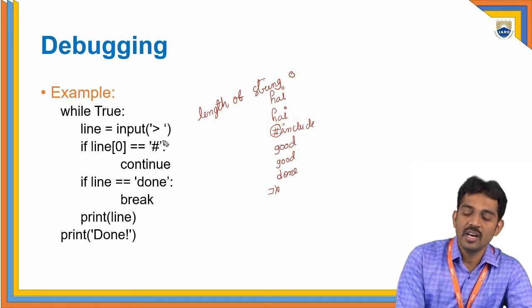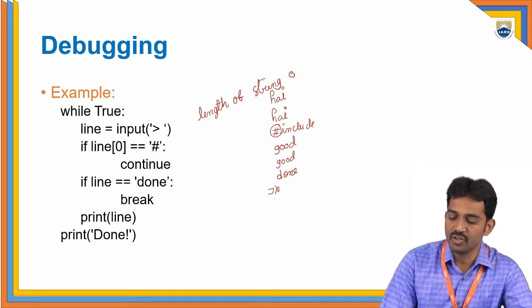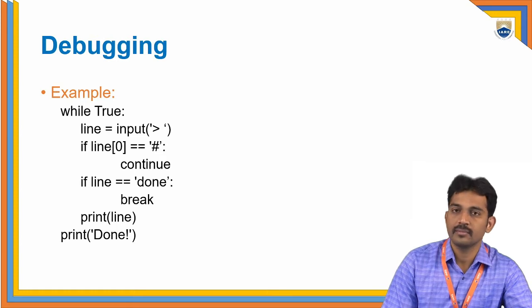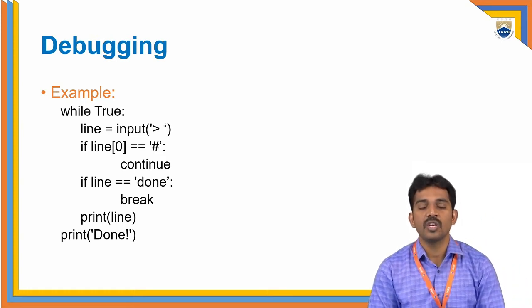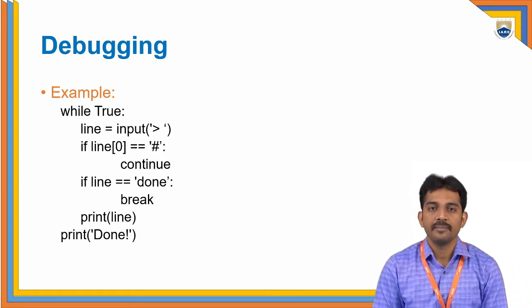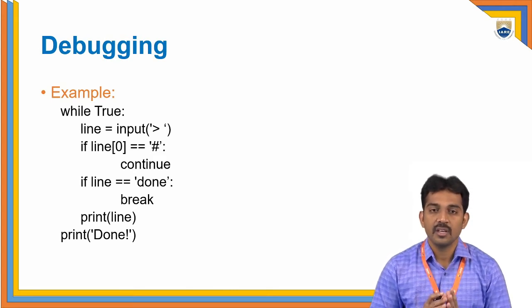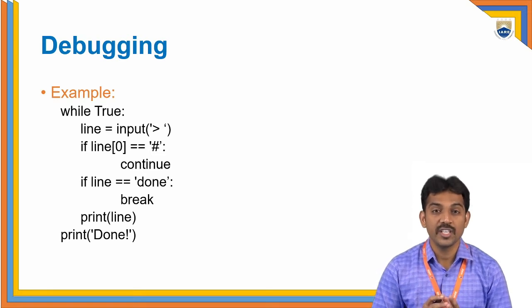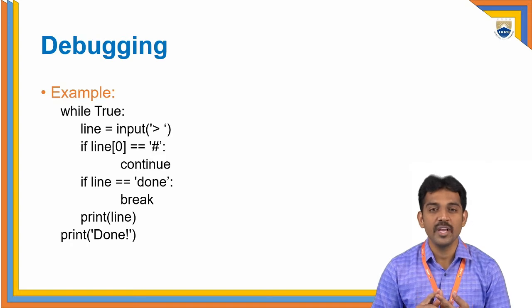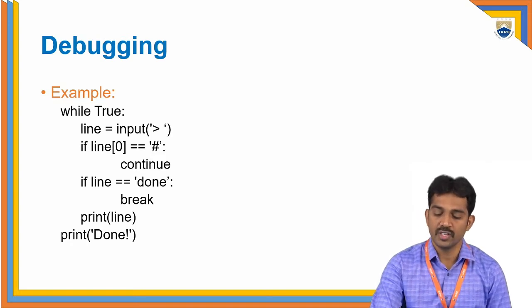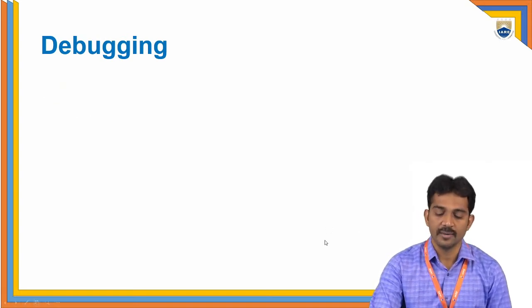Right? Now, how to overcome this kind of situation? If you observe the string functions, we have some functions like startswith as well as the length function, right? So by using two ways, we are going to handle the situation.